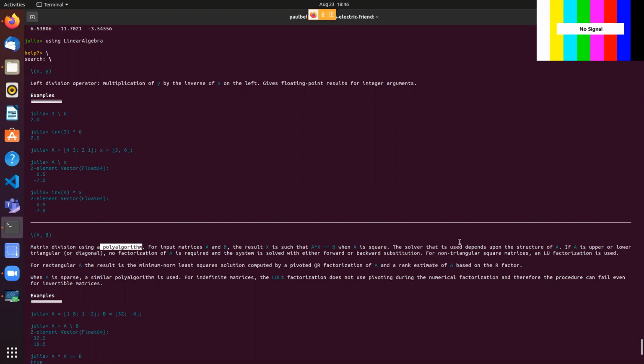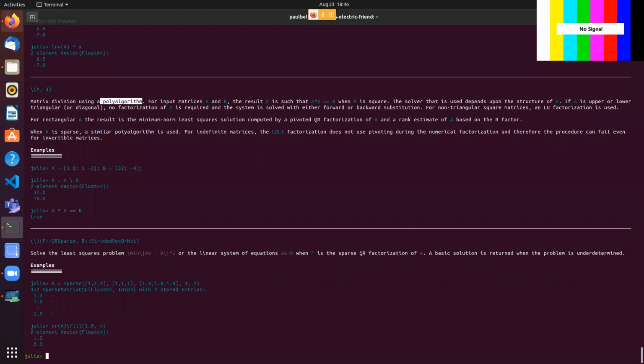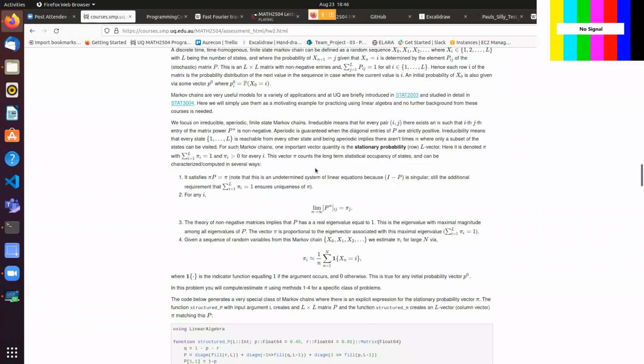It all depends on the structure of A. So if you're solving normal equations, again, we'll talk about it tomorrow. The funny thing is that directly this guy, if you just did I minus P, so you try and take it over and solve, you can't invert this guy, it's singular. But you have this constraint that all these probabilities have to sum to 1.